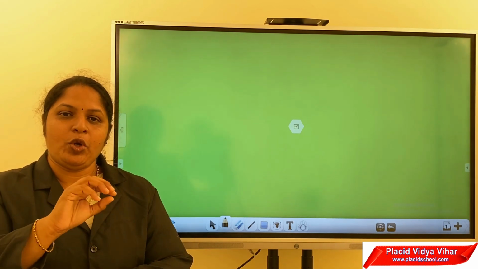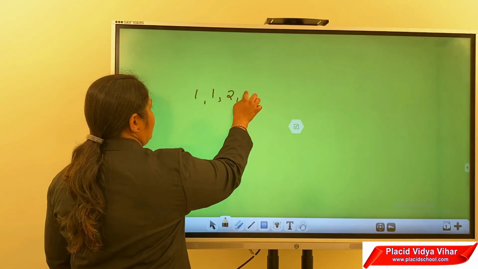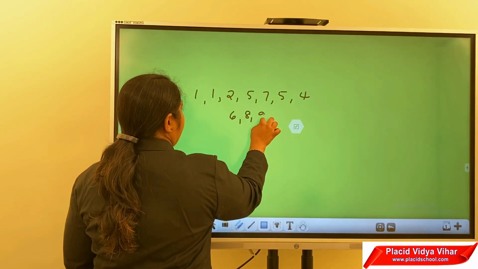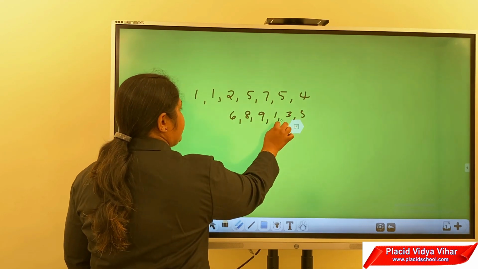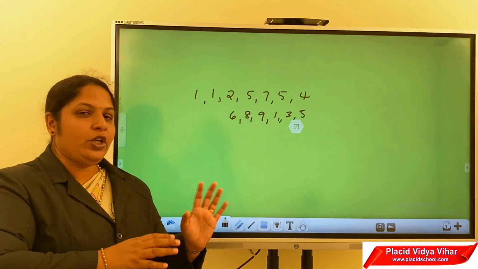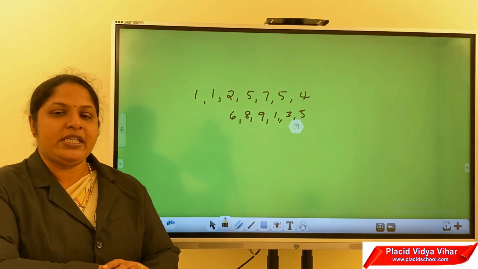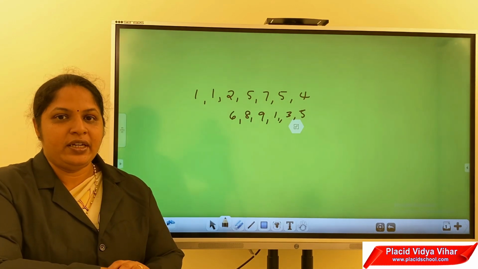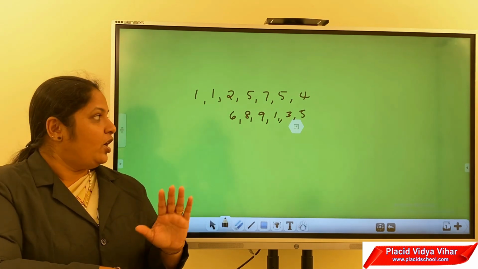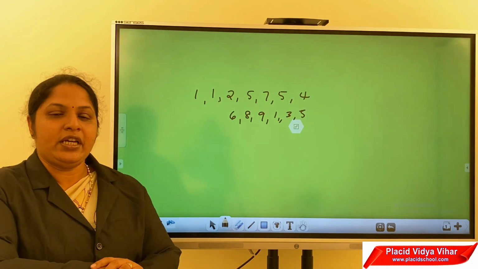That means data points will be simply written down like 1, 1, 2, 5, 7, 5, 4, 6, 8, 9, 1, 3, 5, etc. It won't be grouped or arranged in any particular manner. This type of data is known as ungrouped data, where the data points are written down without any order or pattern.